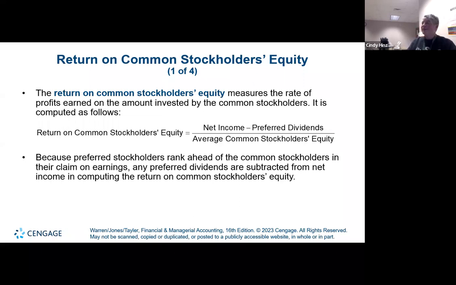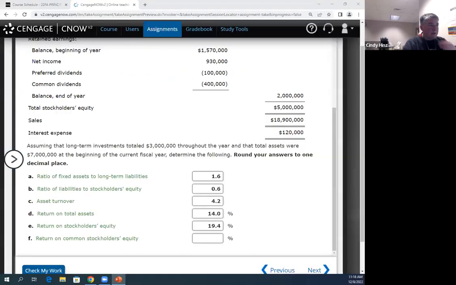And so our denominator is going to be $1 million lower. So the numerator starts with net income, which is that 930,000, as we know, but we subtract the preferred dividends.